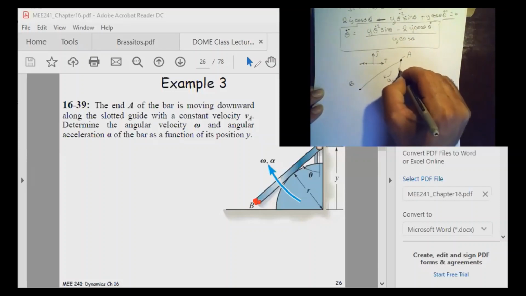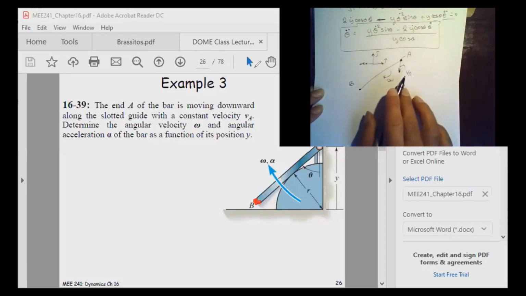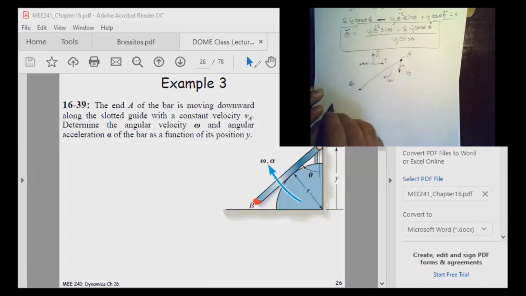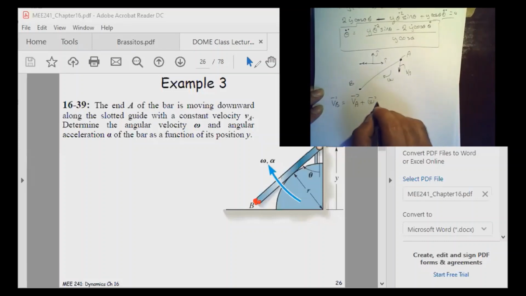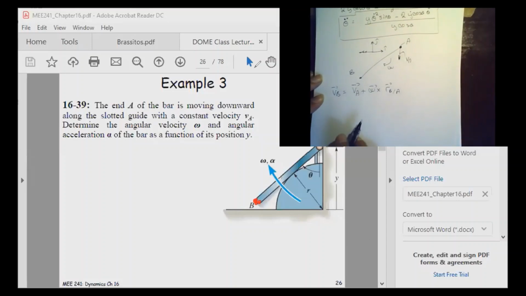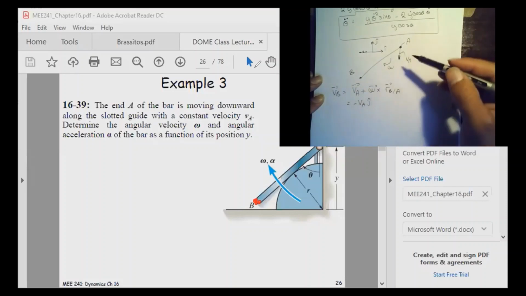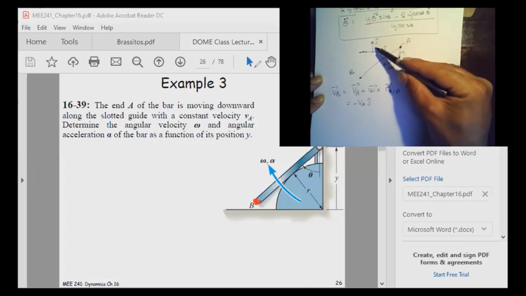And then we know point A has a velocity like that, right? So this is the velocity of A. This is given to us, right? So we say VB is equal to VA as a vector, right? Plus omega, which is now theta prime K, right? Cross RB with respect to A, right? This is what I need to do. What is VA in this case? It is minus VA times J, right? Because VA is in the opposite direction as the J vector.